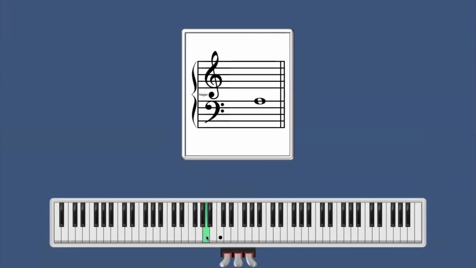Closest home note. E. No, E's clear up there. Oh, it's C. Middle C. Good. Middle C skip down and we get A. Now this is one of those tricky ones.